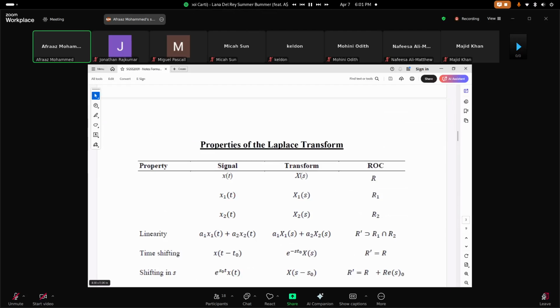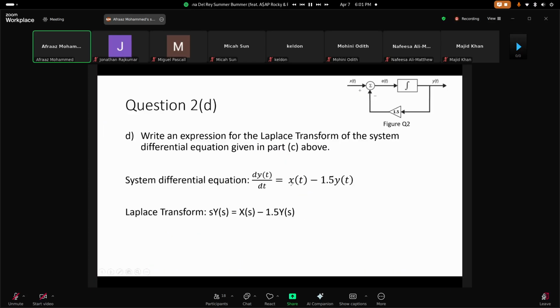Applying that here, x of t goes to capital X of s, and 1.5 y of t gives 1.5 capital Y of s. Next we look for dy of t/dt, so let's go back to the tables.